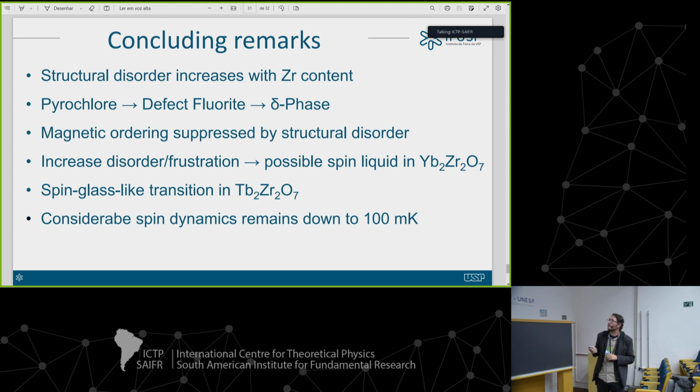We saw this suppression of the magnetic long range order with structural disorder, increased frustration with disorder, and a possible candidate for spin liquid physics for the end member Yb zirconate. We have also seen spin glass-like physics for the terbium zirconate. And also, we were able to measure considerable spin dynamics at very low temperatures for this material here, around 100 millikelvin. So that's it. Thank you.